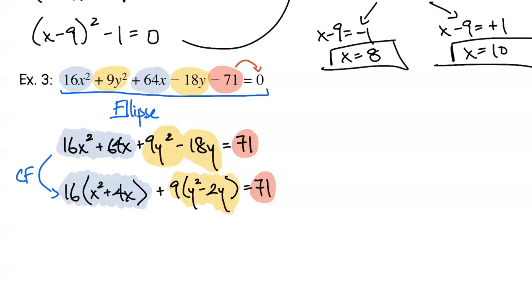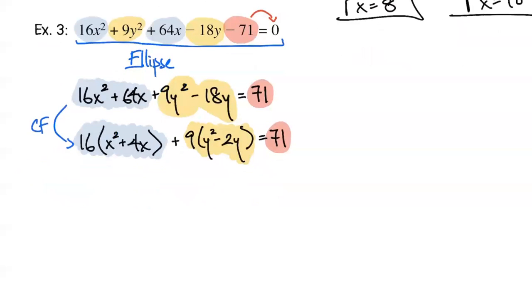All right. So now we're going to play complete the square twice. We're going to play complete the square once for the one in the light blue. Then we're going to play complete the square for the one in the yellow. All right.